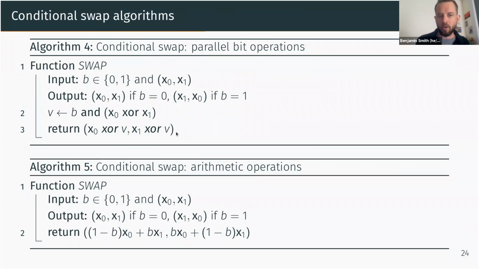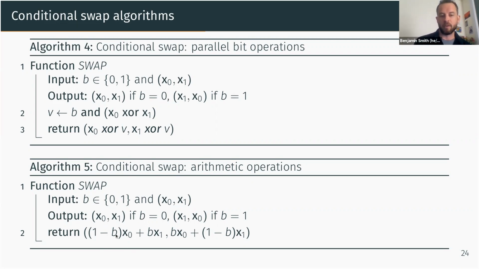So there are lots of ways of doing this. You can do it using bit operations in parallel, or you can think of it in a bit like a homotopy kind of way, where if your bit is 0 or 1 as an integer, you can do this using just plain old arithmetic operations, multiplication in FP and addition in FP.